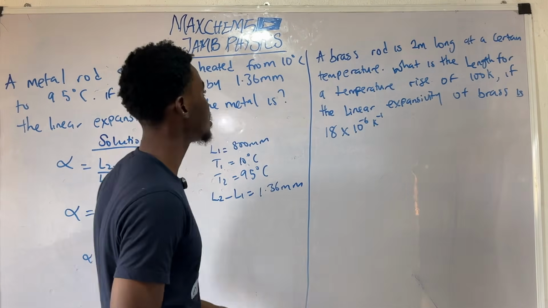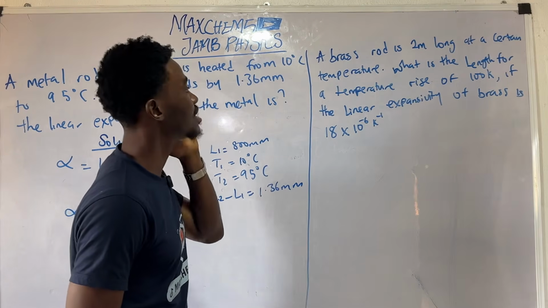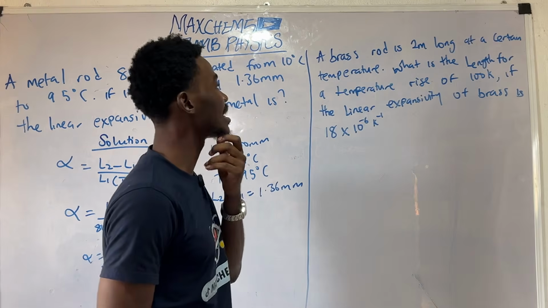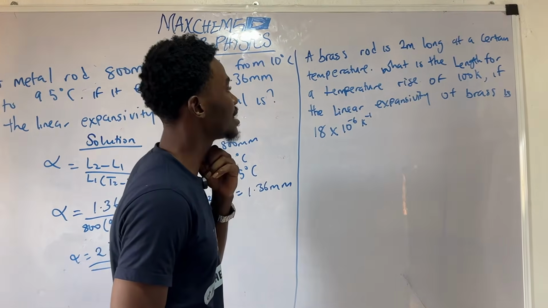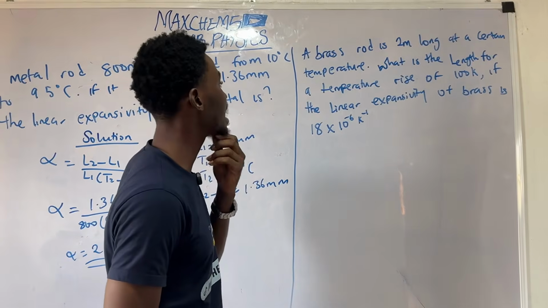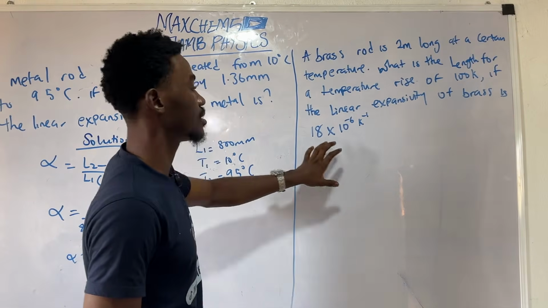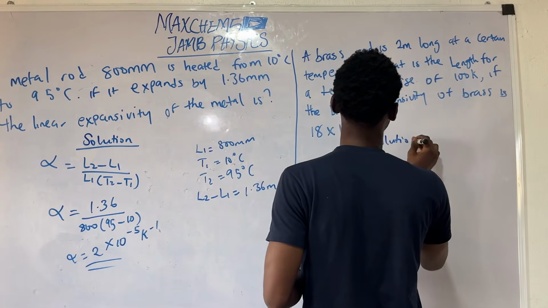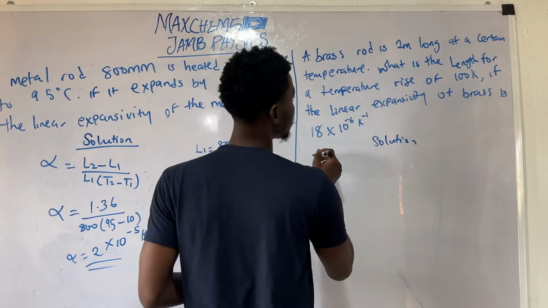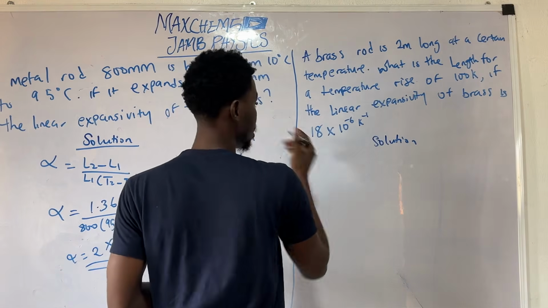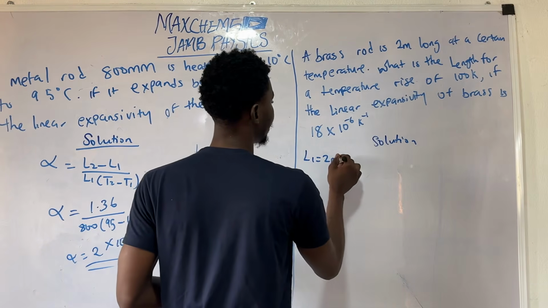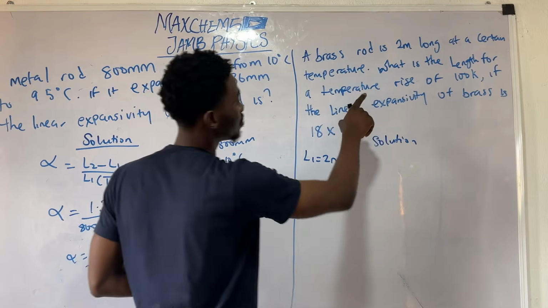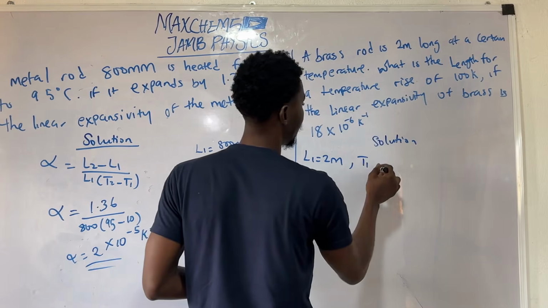I have a question that says a brass rod is 2 meters long at a certain temperature. What is the length for a temperature rise of 100 Kelvin if the linear expansivity of brass is this? So this is a linear expansivity question. The parameters we have here are the original length, which is L1, 2 meter, at a certain temperature. Let's call the temperature T1.